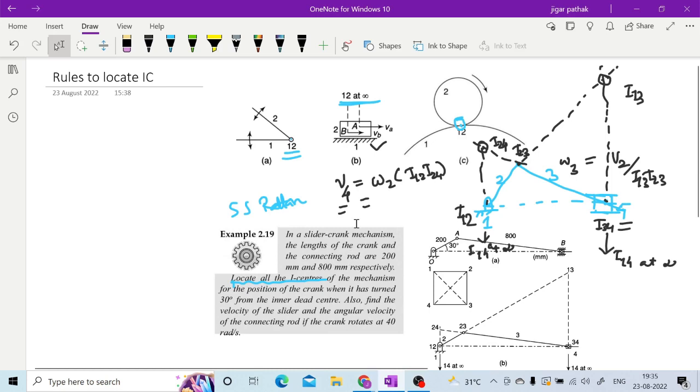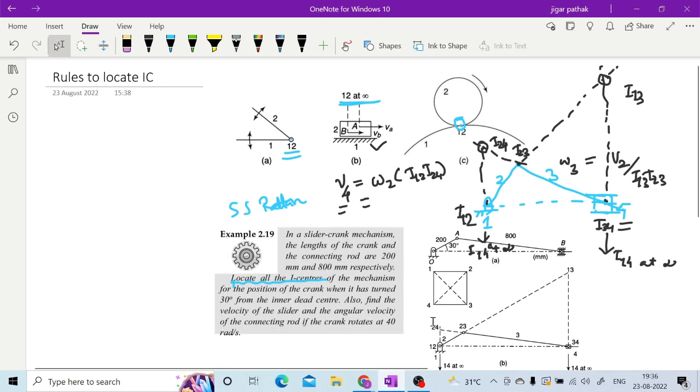What is the angular velocity? It is mentioned that the crank rotates at 40 radian per second, right? So once you plot this figure, from the crank's angular velocity you can get the linear velocity of the slider, because they are both assumed to be rotating around the same instantaneous center, that is I24.